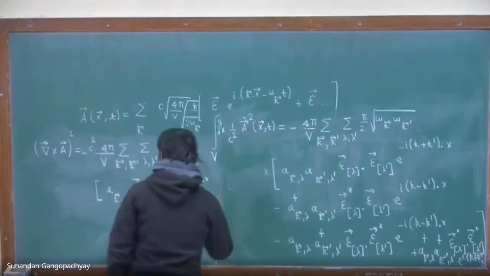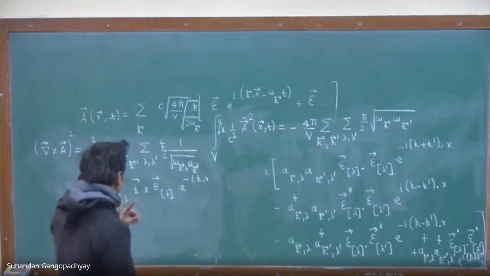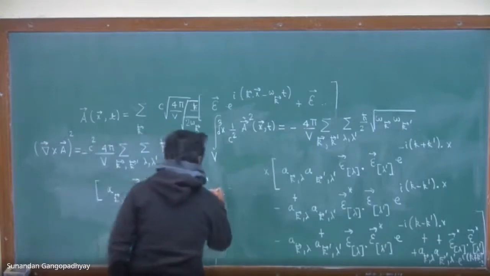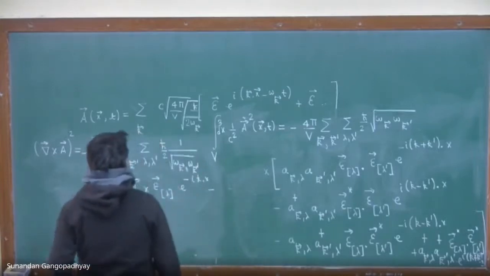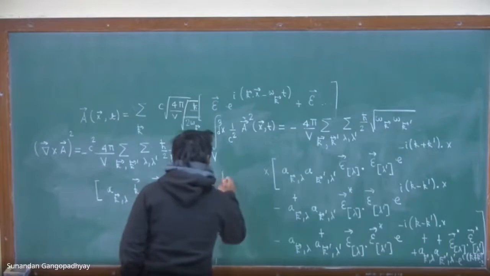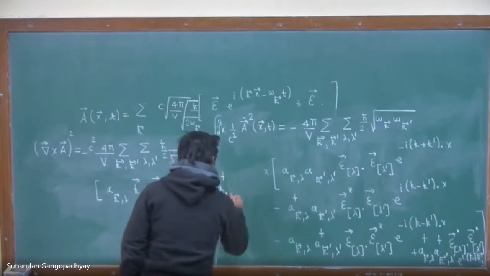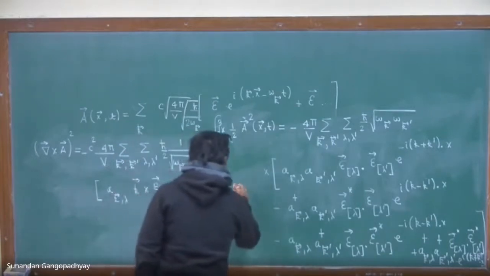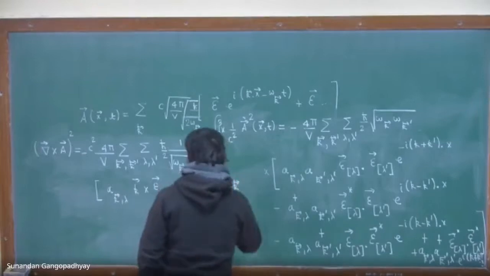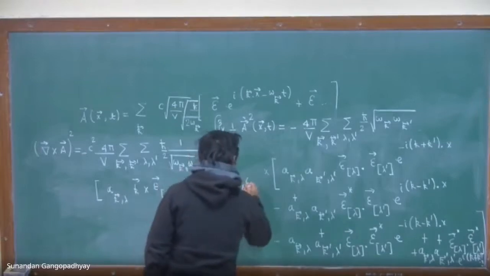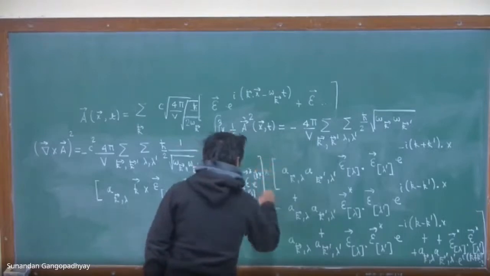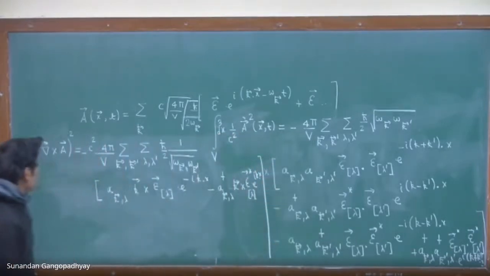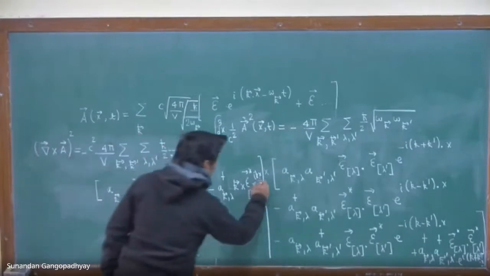Then from that term we will have a minus term, minus a dagger k lambda, then we will have k cross epsilon vector star lambda, e to the power of i k dot x. So you can see how complicated this calculation is. This calculation is really a little bit non-trivial, so it is good to go through it.